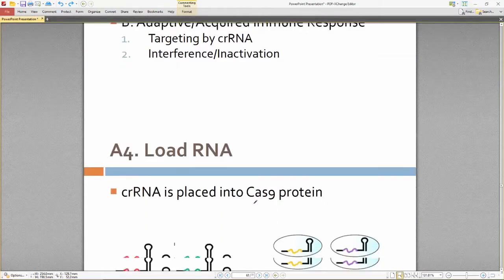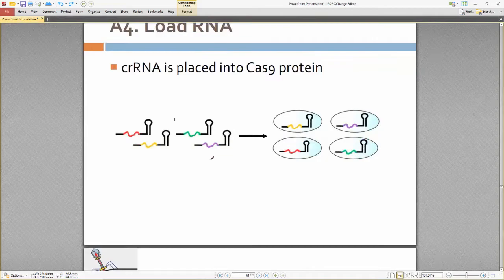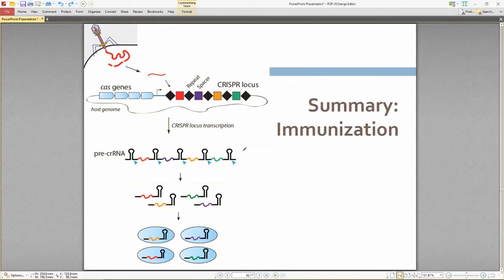Okay, so after you have this CRISPR RNA, the CRISPR RNA is loaded or placed into a Cas9 protein. With this, immunization is complete. So let's look at a quick summary. Bacteria is infected.